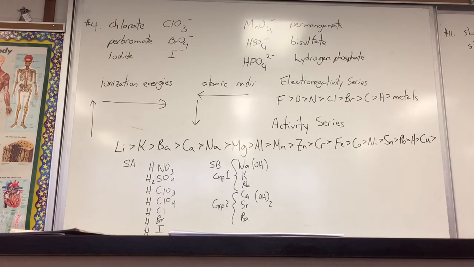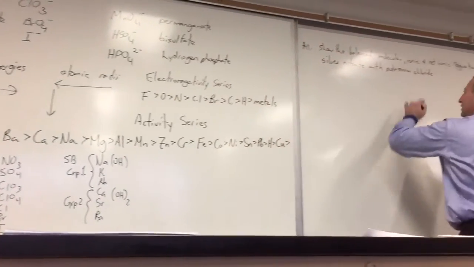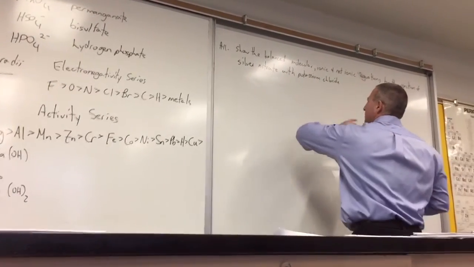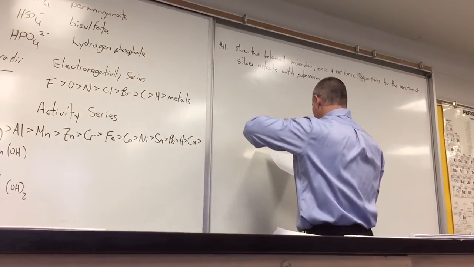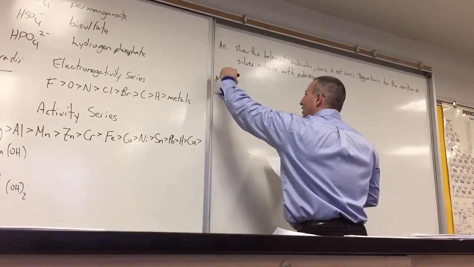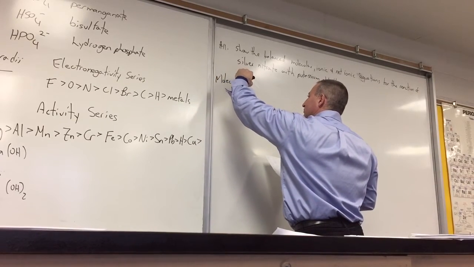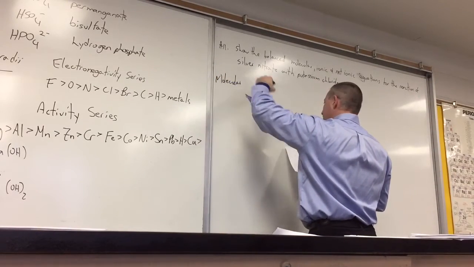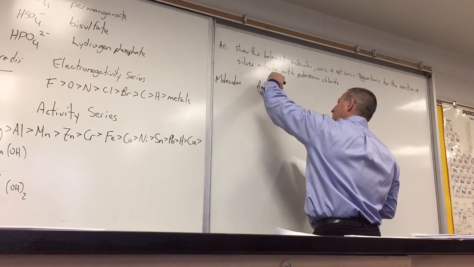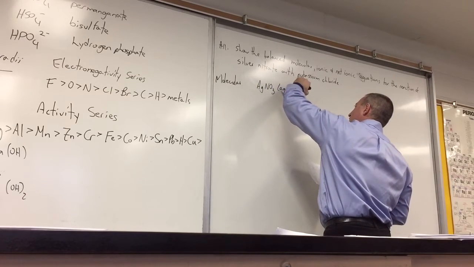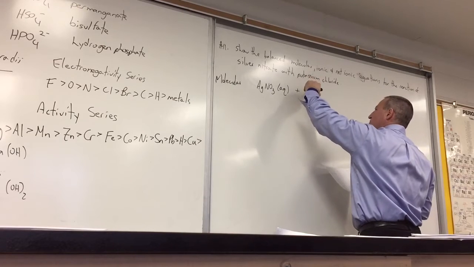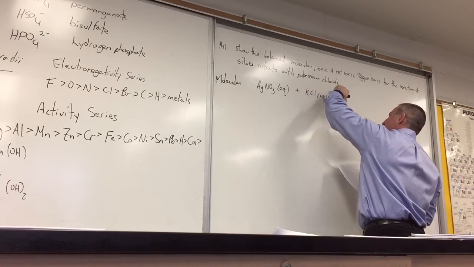So the first thing is you write down what's reacting. Silver nitrate is reacting with potassium chloride. So we'll draw the molecular equation first. So silver nitrate, which is aqueous, is reacting with potassium chloride, which is also aqueous.